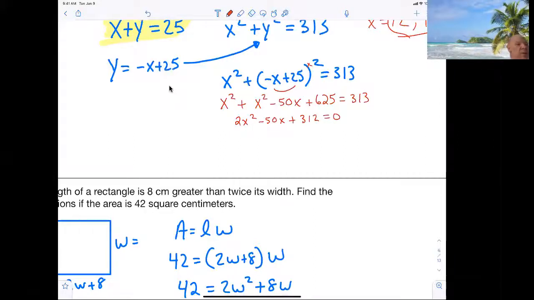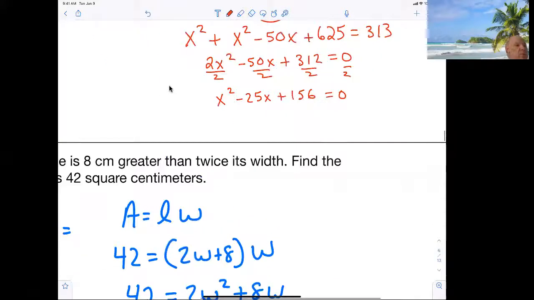Now you should notice there's a common 2, so I can divide everything by 2. So I end up with x squared minus 25x plus 156 equals 0. Is that correct?